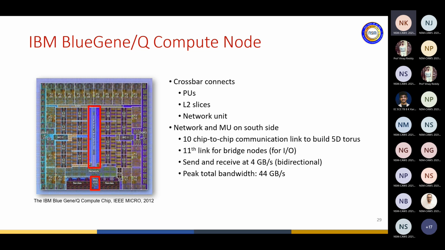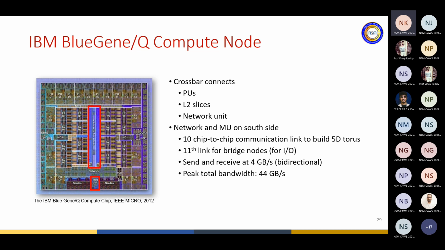Many details of this are proprietary, but there are a few things that are published. One of the things is it has a 5D torus, which means it is connected to 9 other nodes. So there are basically 10 communication links coming out. One of the links is actually used for I/O, so there's an 11th link as well.